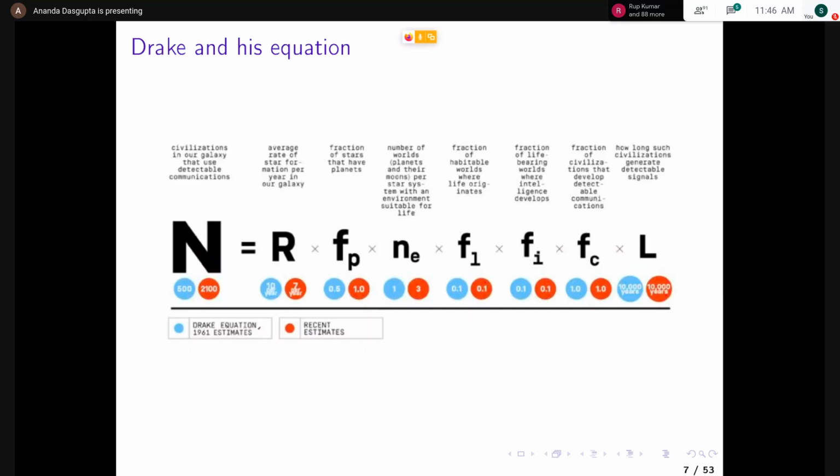The background of this came really from a paper by Giuseppe Cocconi and Philip Morrison. This was published around 1959. It was called Search for Interstellar Communication. And these two authors argued that by 1959, when they were writing this, radio telescopes had become sensitive enough to pick up transmissions broadcast by civilizations orbiting other stars.